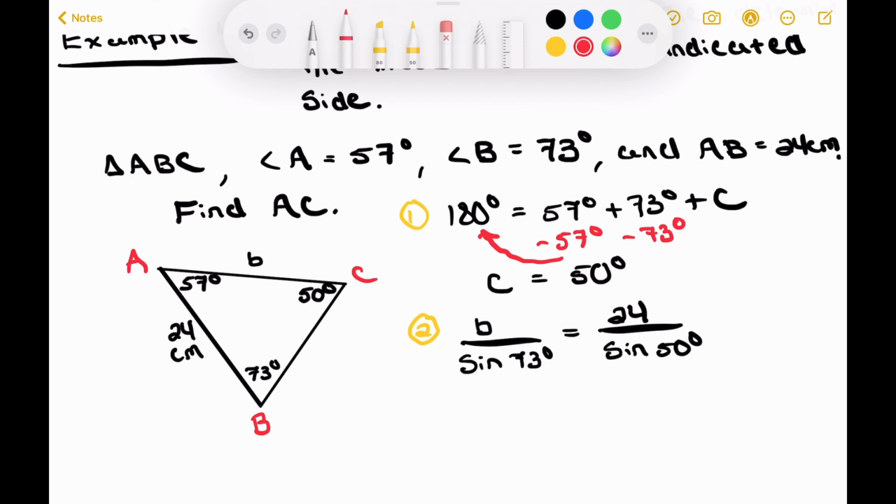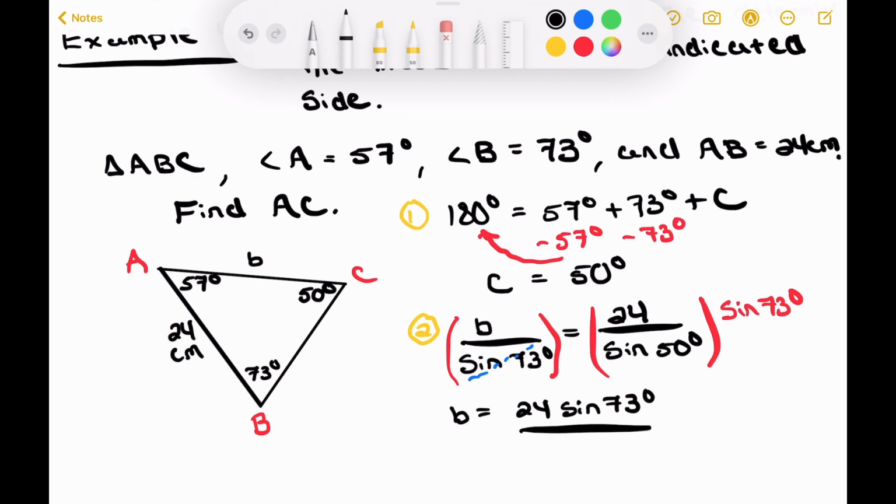Now, like our other problems, we multiply both sides by sine 73 degrees to get it out of the denominator on the side where we're isolating b. Thus, we get b equals 24 sine 73 degrees over sine 50 degrees, and that is equal to 29.96, which we can also approximate as 30.0 centimeters.